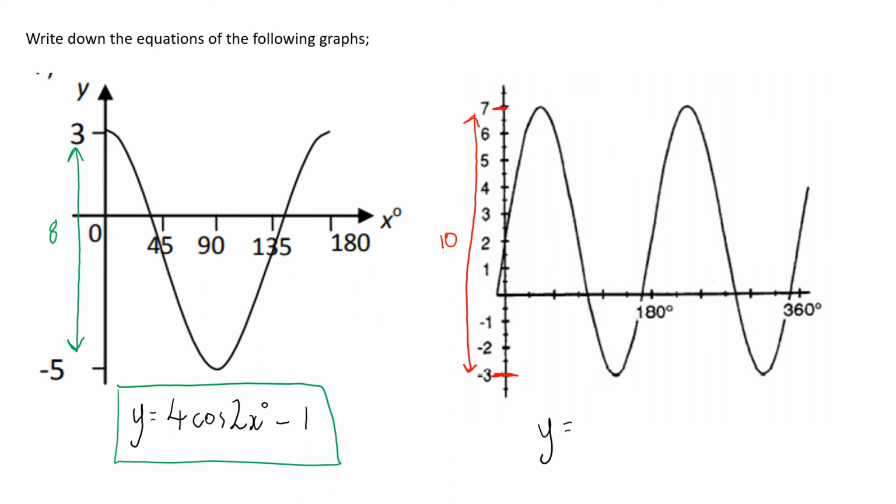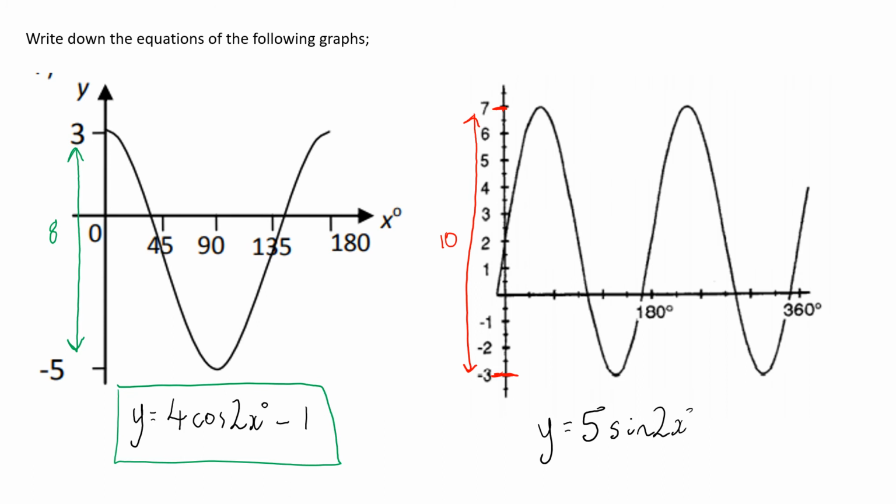So this is the graph of y equals 5 sine, because we half that 10, the amplitude is 5. How many revolutions do we have in 360 of sine? There's 1, 2, so we've got 2 revolutions. So it's 5 sine 2x. Now we need to figure out, is there any translation?